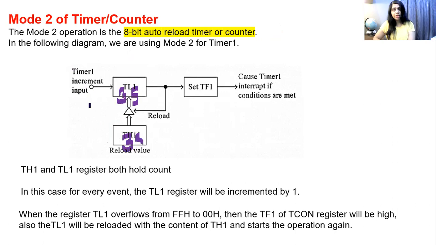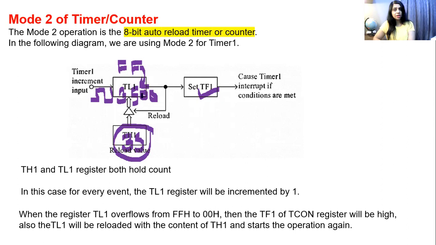When we apply a clock pulse here, it will increment and become 36, then 37, 38, 39, 3A, and so on. At one instant it will become FF, and when we apply one more clock cycle there will be overflow and this will become 00. When it becomes 00, it will generate an interrupt. But TH1 in this case is still 35 because TH1 is not incrementing, only TL1 is incrementing.